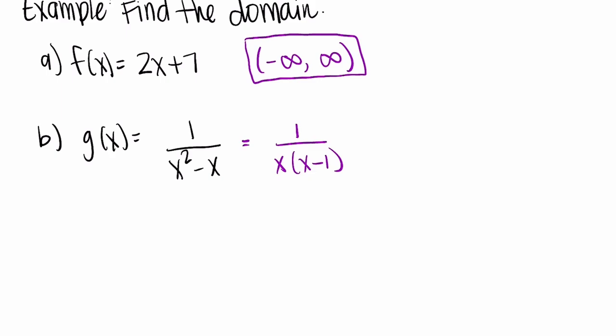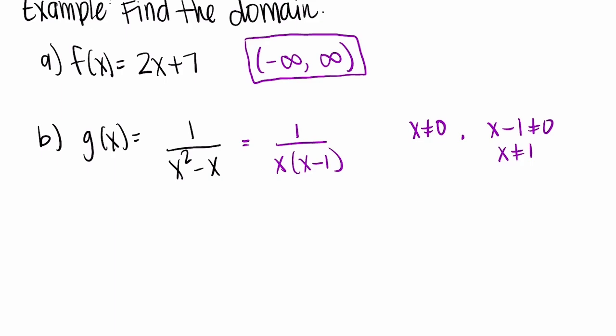So x can't be 0, and x also can't be 1. The reason x is not 1 is because x minus 1 is not 0, which means x is not 1.